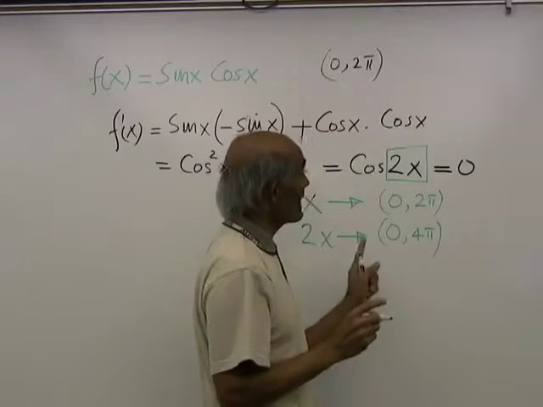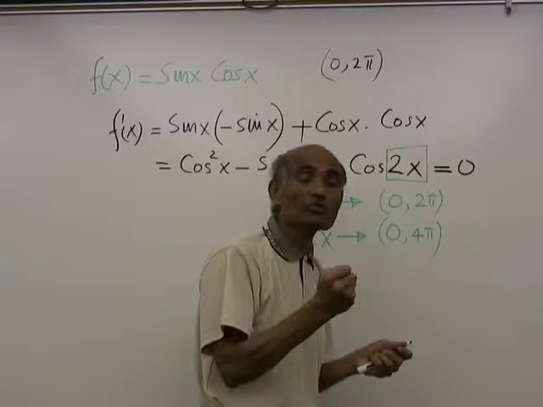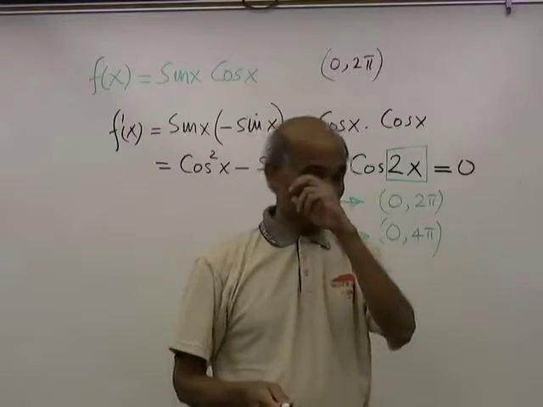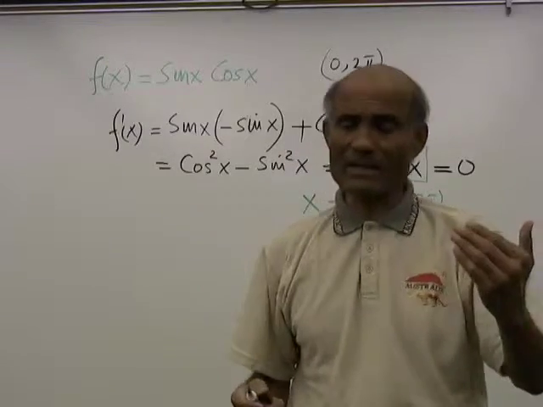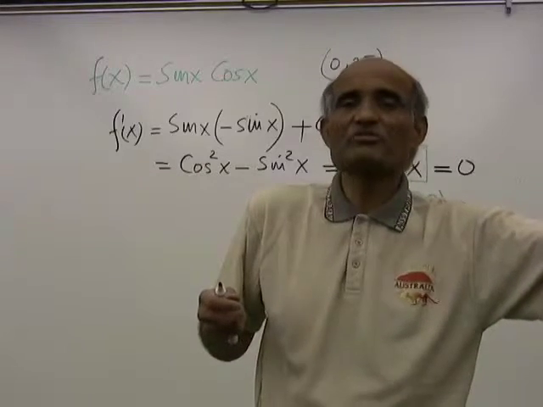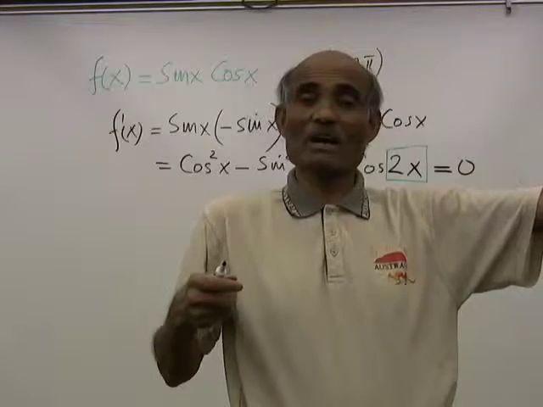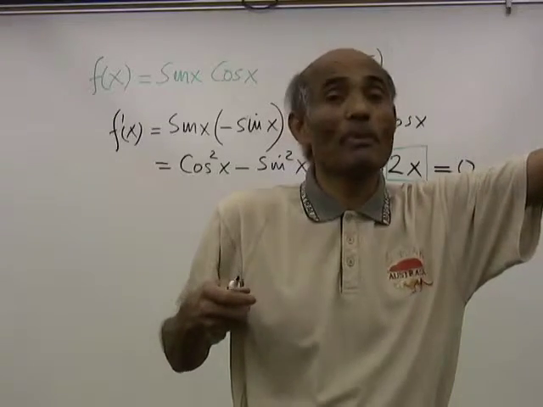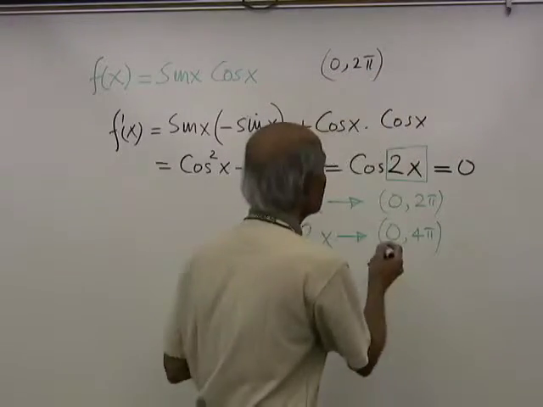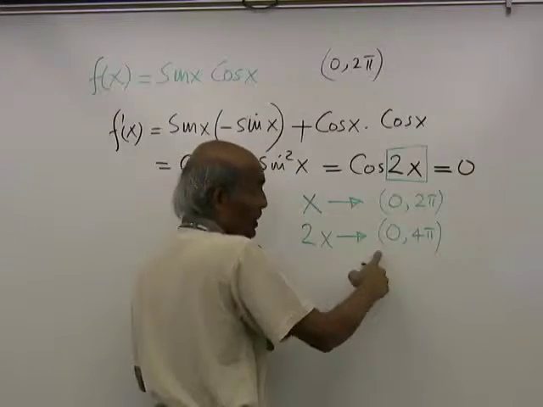Alright, what are the values of x from 0 to 2 pi? For that you need to know cos of what equal to 0? Well, you know that cos of 0 is 1, is that right? Cos of 0 is 1, cos of pi by 6 is root 3 over 2, cos of pi by 4 is root 2 over 2, cos of pi by 3 is 1/2, cos of pi by 2 is 0. So, we are going to write the values of 2x on this interval.